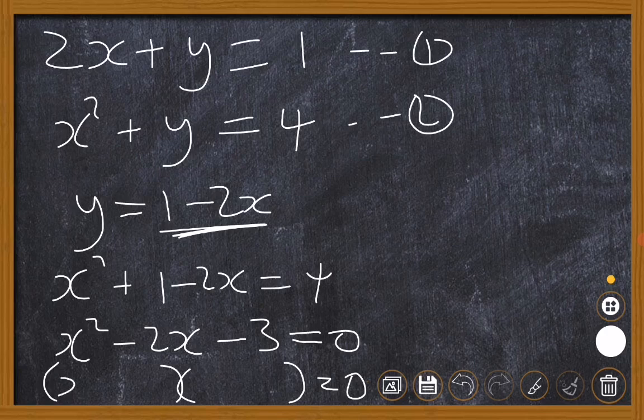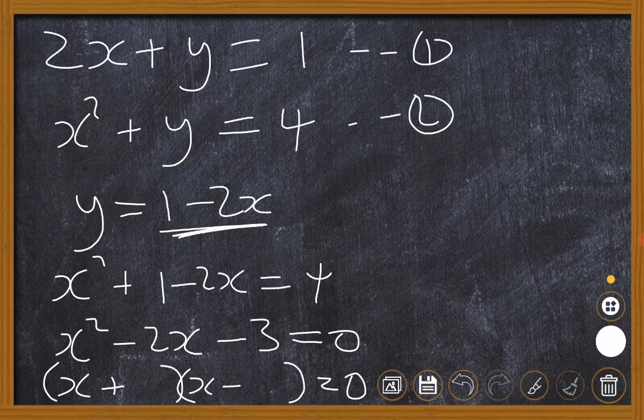When you factorize that, we've got x. The constant is minus 3, which means our signs won't be the same. We're going to have positive and negative. And we're looking for factors of 3 that, when we subtract, give us 2. That's 3 and 1. 3 minus 1 is 2.